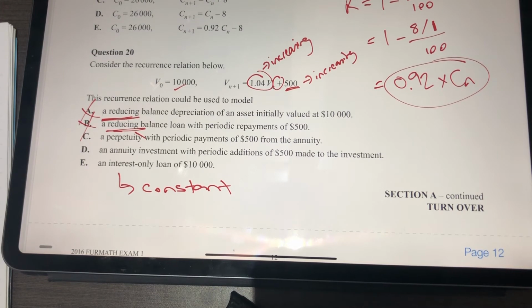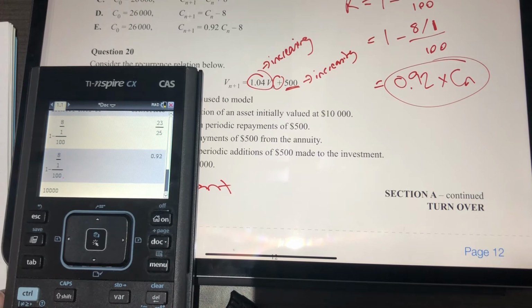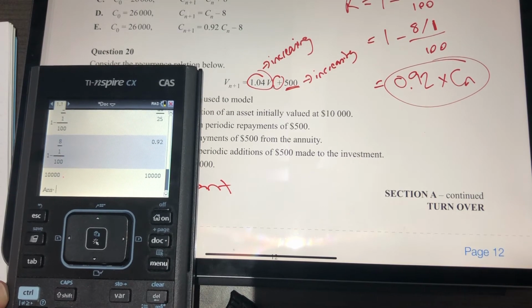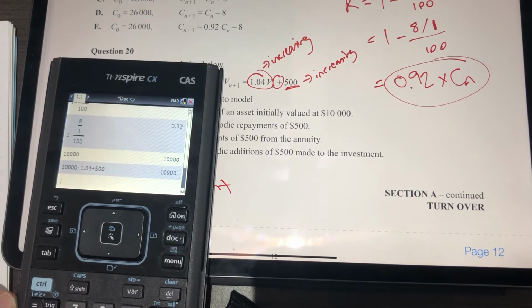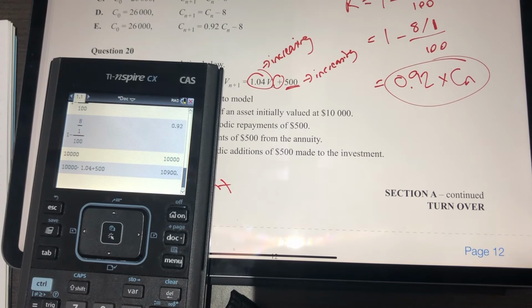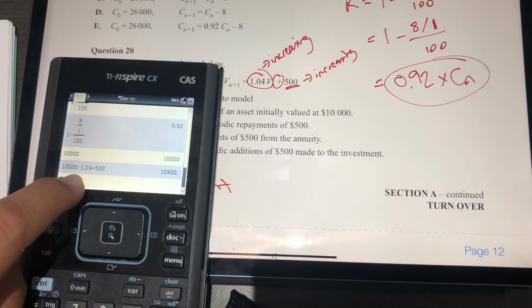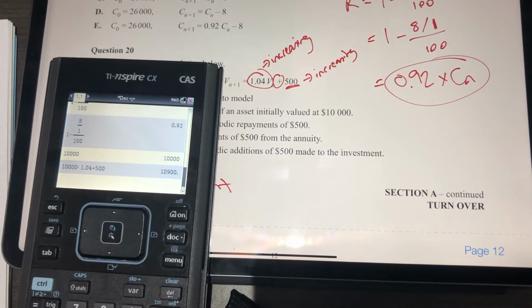However, I can check this by doing it on my calculator. So if I go to my CAS here and I say 10,000, which is our initial, hit enter, times 1.04 plus 500, I click enter, that price has actually gone up. So if it was interest only, 10,000, after I multiply it by whatever numbers are here and add the numbers, the answer would be 10,000.